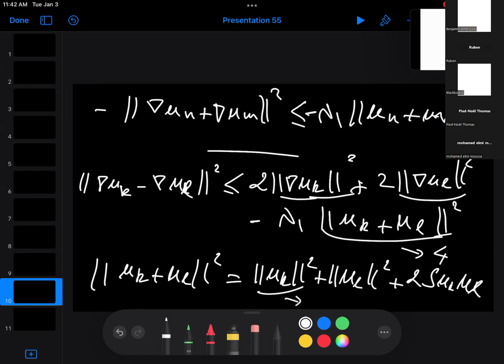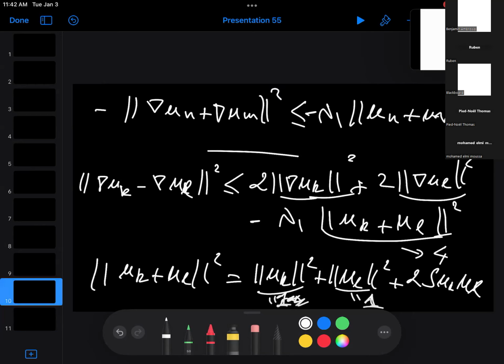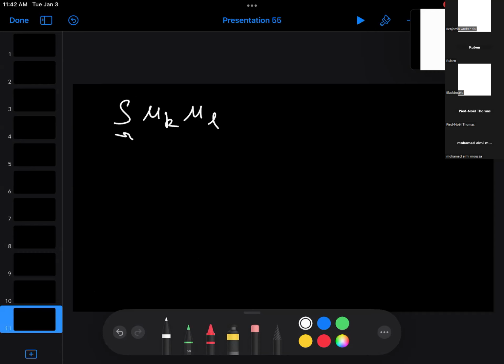This converges, this is equal to 1 by construction. And this here, let's do the details. If I look at UK UL, this is going to converge to 1 when K and L are large enough.